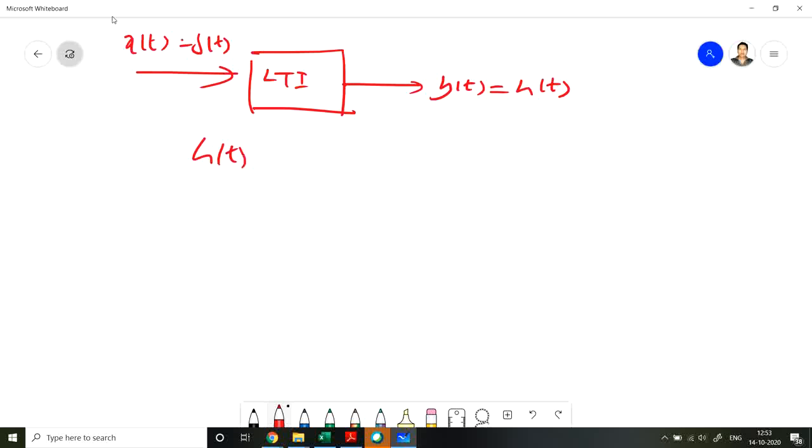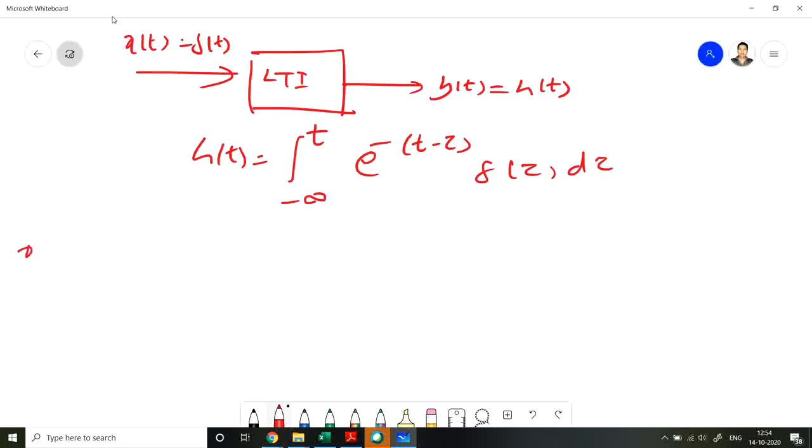So according to the question, h(t) is equal to the integral from minus infinity to t of e^(-(t minus tau)) delta(tau) d tau. Now we can apply the property of the delta function.